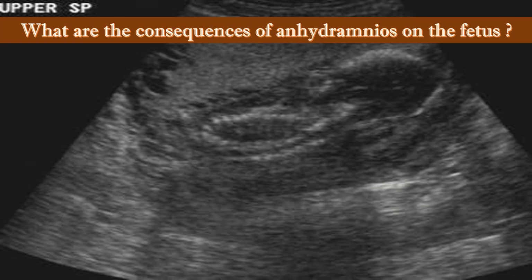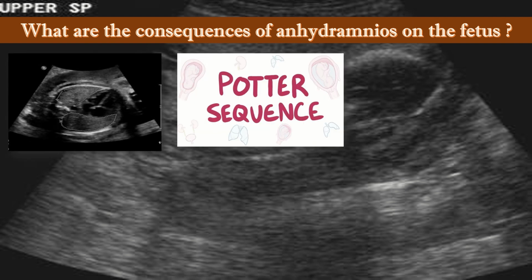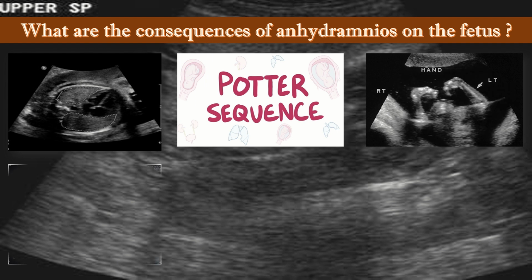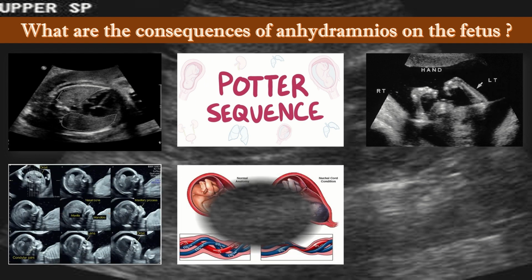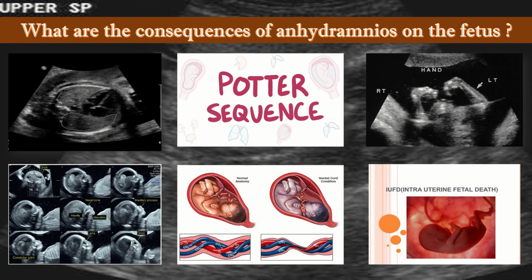Now, what are the consequences of anhydramnios on the fetus? The candidate should mention that it results in pulmonary hypoplasia, the Potter sequence, limb deformities, facial anomalies, umbilical cord compression, or intrauterine fetal death in severe cases.